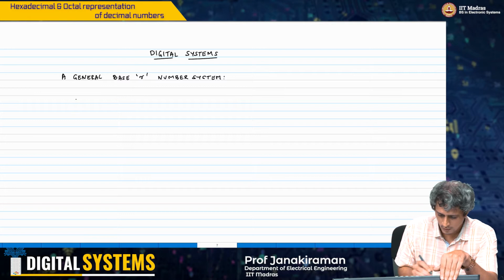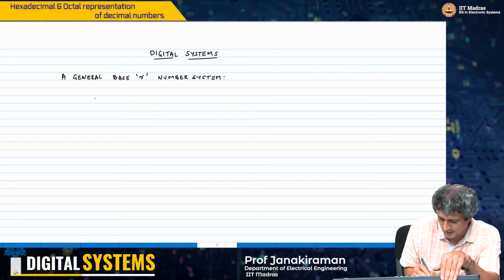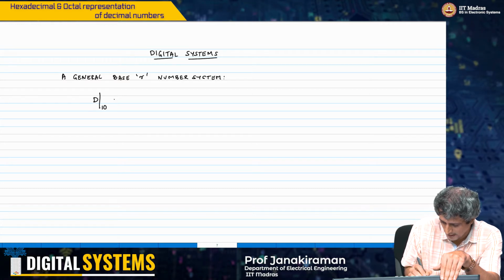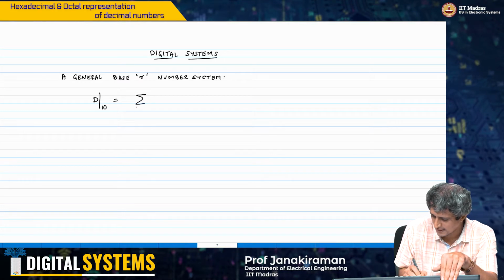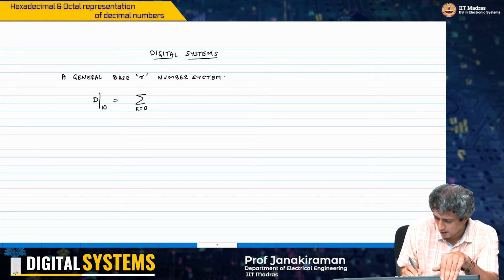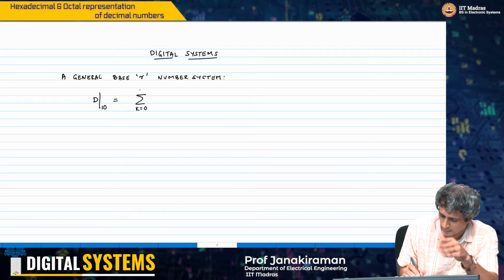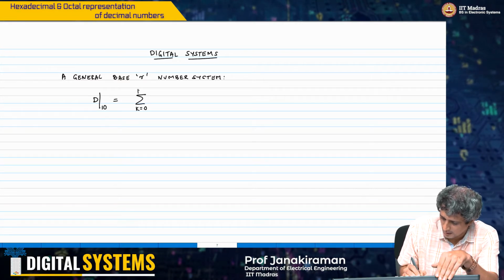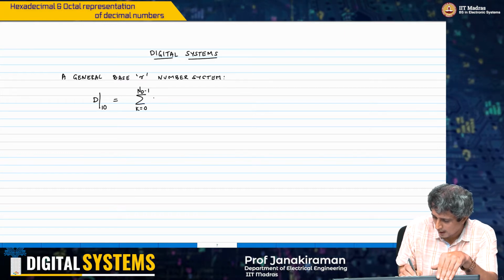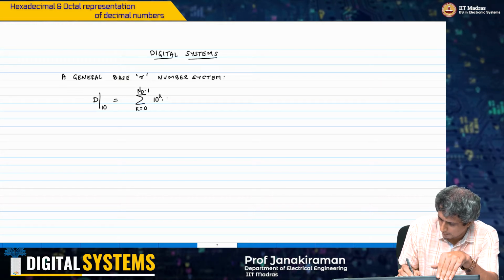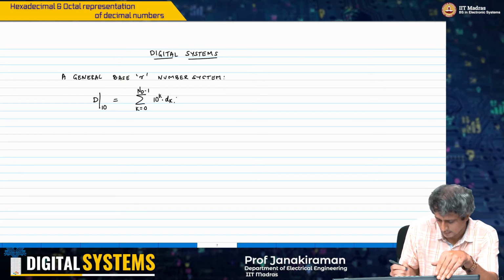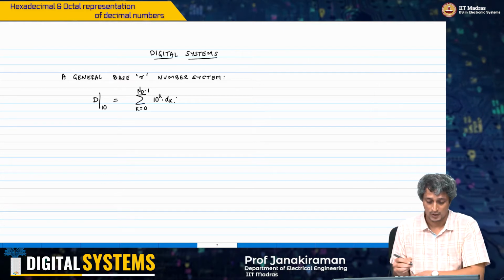So what we mean here is the decimal number, let's say a number d in base 10, can be represented, of course, in base 10 as the summation over k equal to 0 to nd minus 1 of 10 power k into dk, because it's the decimal number system, right?